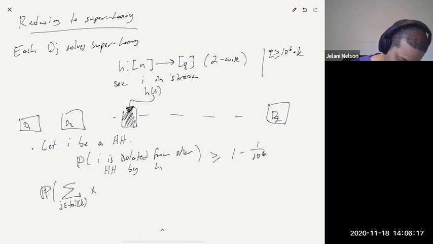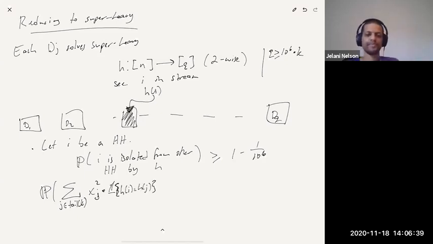Let me write it like this. I'm only going to keep track of the L2 squared mass that collided with i under the hash function. So x_j squared times an indicator random variable for the event that h(i) equals h(j). This summation just means how much squared mass from the non-heavy hitters is colliding with i in its bucket.